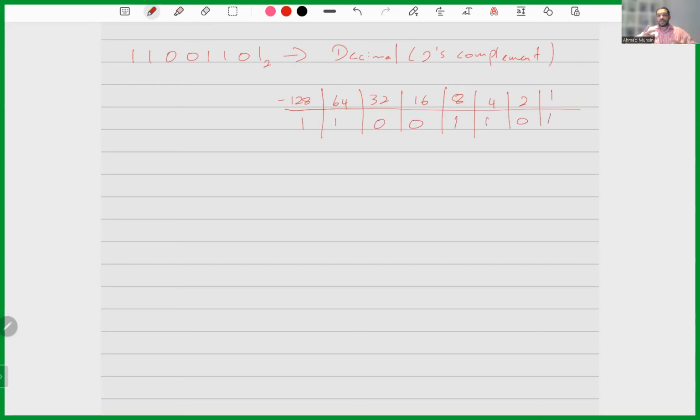Now to convert, we have to multiply the bottom and the top. So we have minus 128 plus 64 plus 8 plus 4 plus 1.